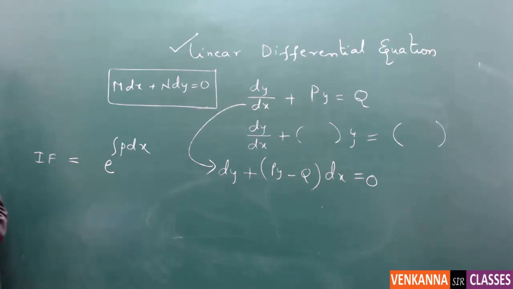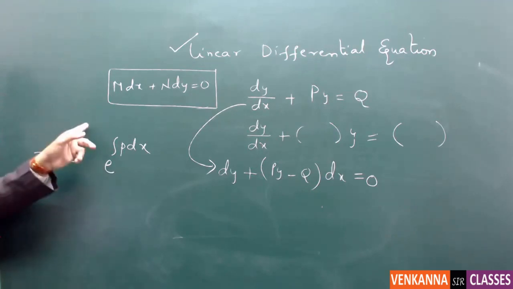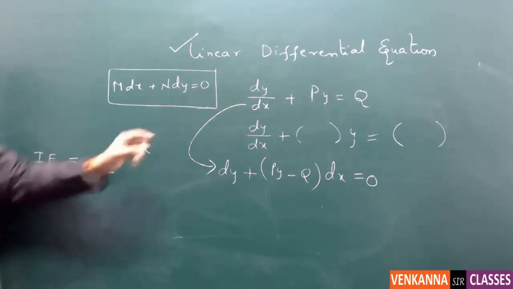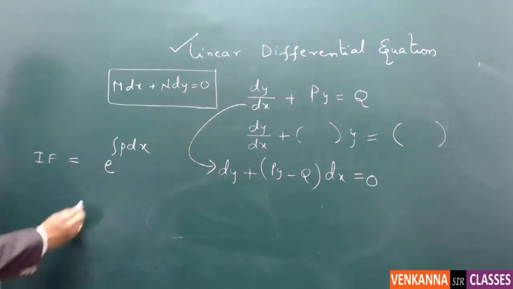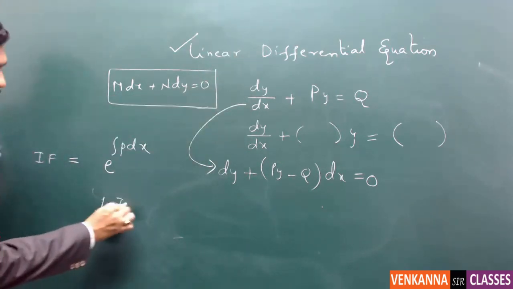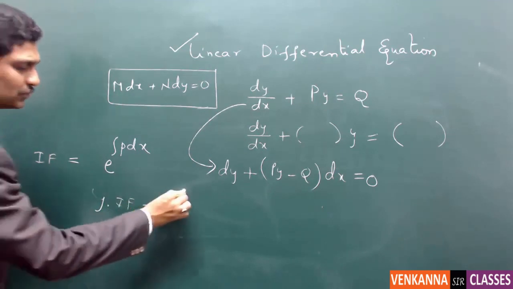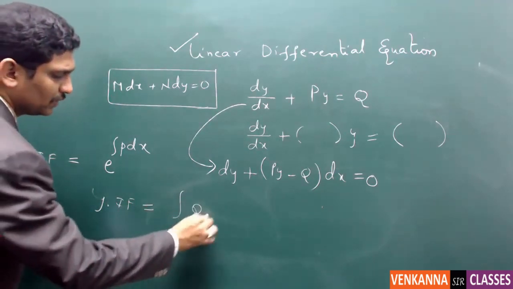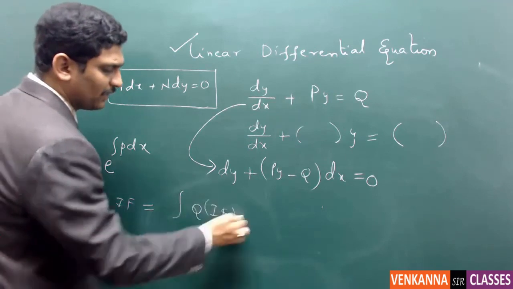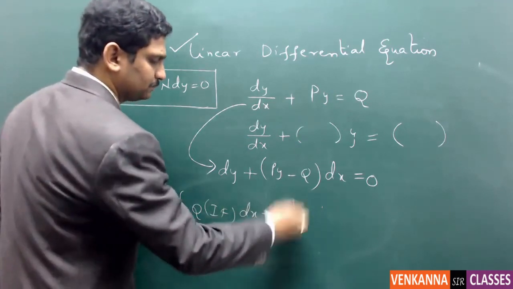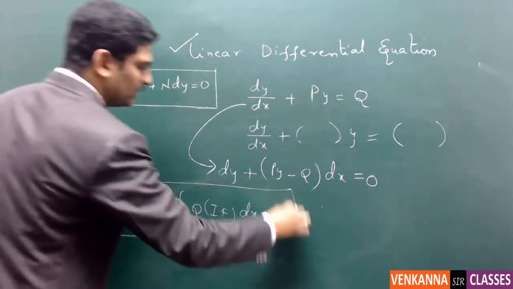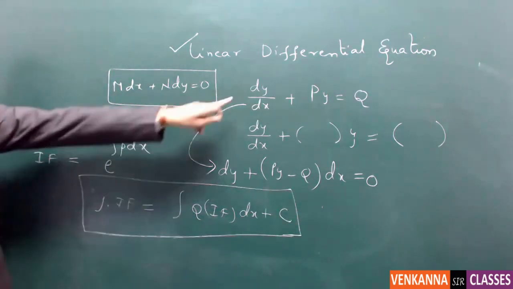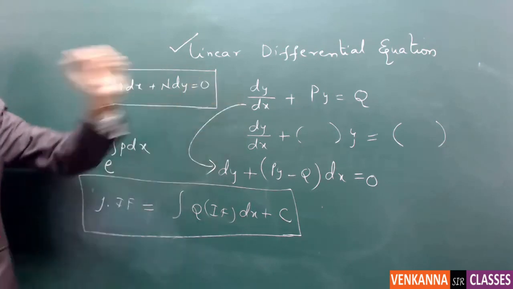What is the formula for the integrating factor? It is e power integral p dx. And the solution of this equation is given by y into integrating factor equals integral of q into integrating factor dx plus c. This is the formula for finding the general solution whenever you have a linear differential equation.